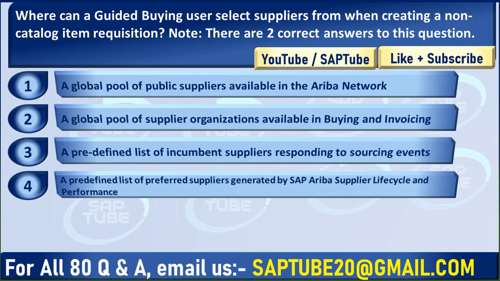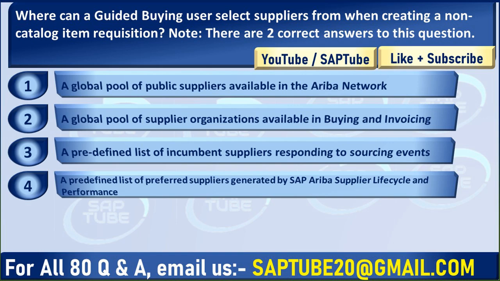Next question is: where can a guided buying user select suppliers from when creating a non-catalog item requisition? Note, there are two correct answers to this question. Options are: a global pool of public suppliers available in the Ariba Network, a global pool of supplier organizations available in buying and invoicing, a predefined list of incumbent suppliers responding to sourcing events, a predefined list of preferred suppliers generated by SAP Ariba Supplier Lifecycle and Performance.